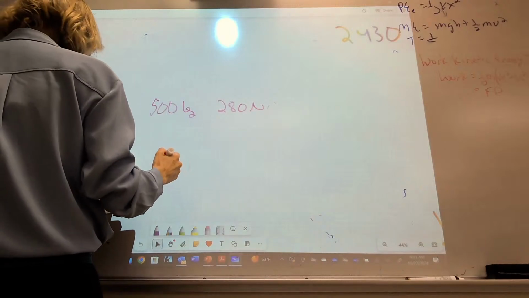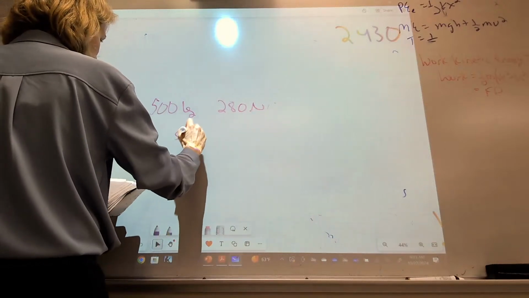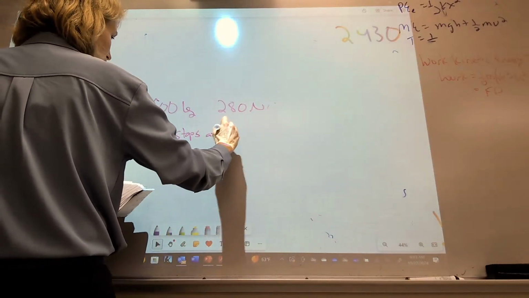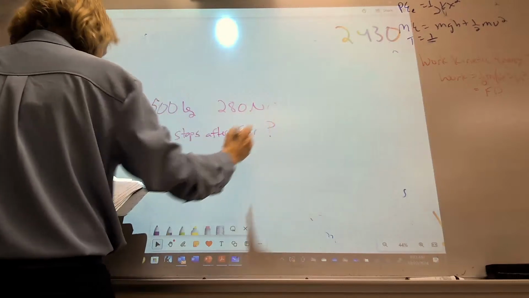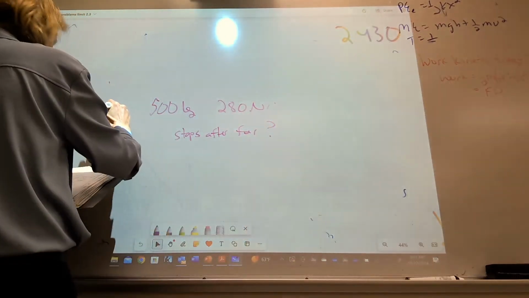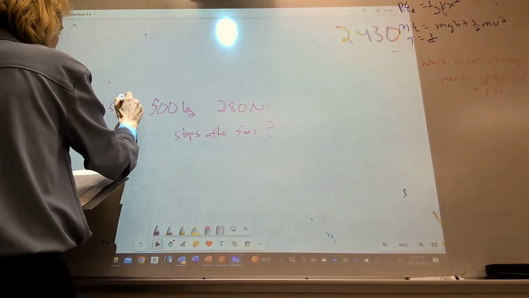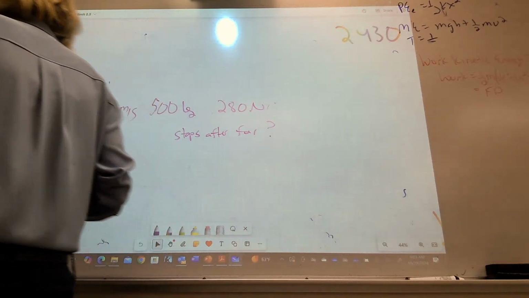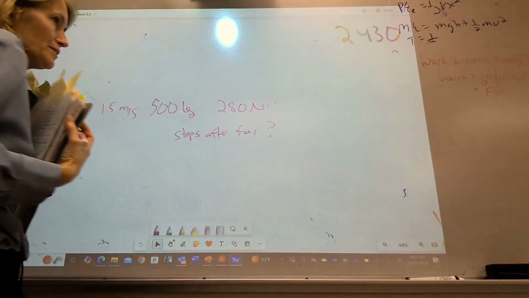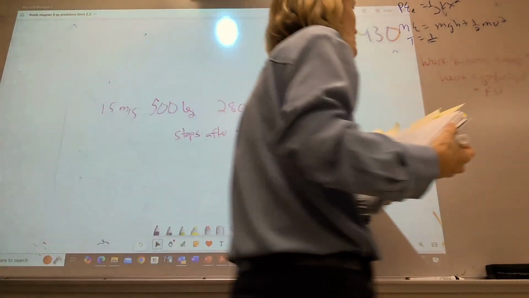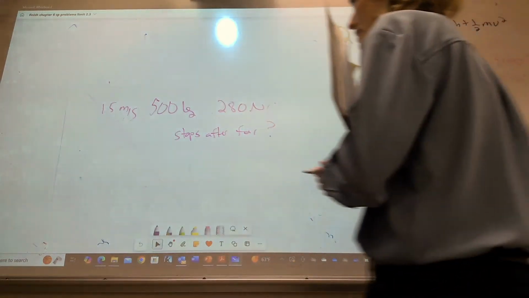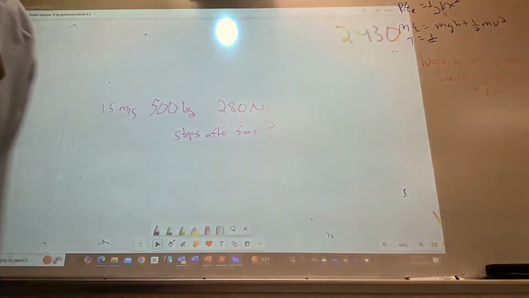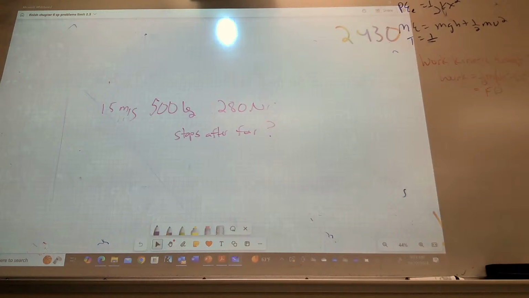It stops after how far? So stopping distance. It's moving at 15 meters per second. So you're using this right here, your work kinetic energy theorem, which you just wrote down.